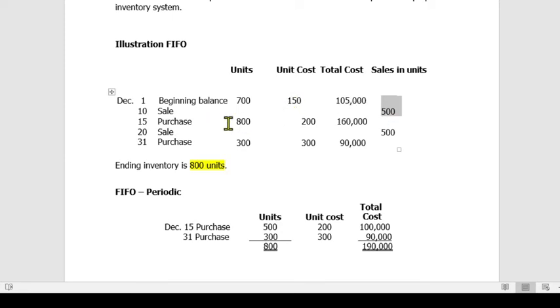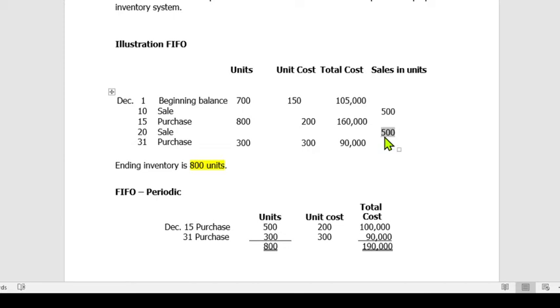Nung bumili ka noong December 15 ng 200 per unit na mga inventory, then binenta mo ng December 20, the problem arises whether itong 500 ba na to, anong cost nito, based on your stock card, based on the inventory cost flow.